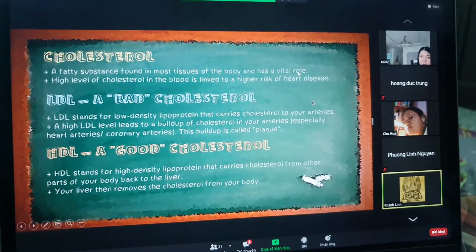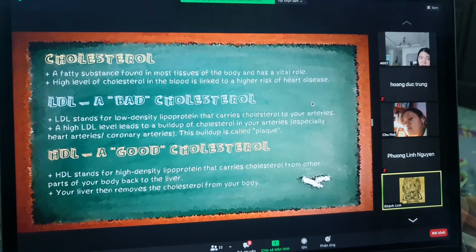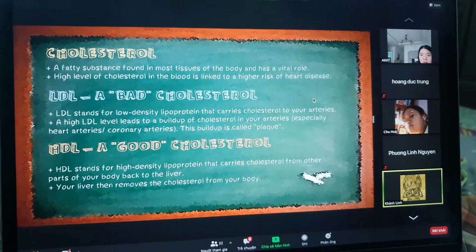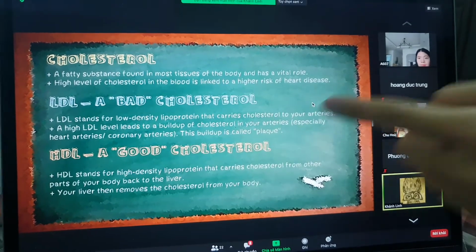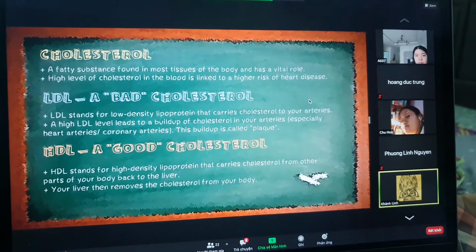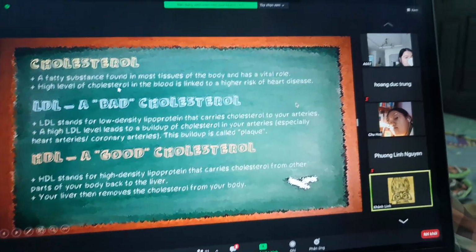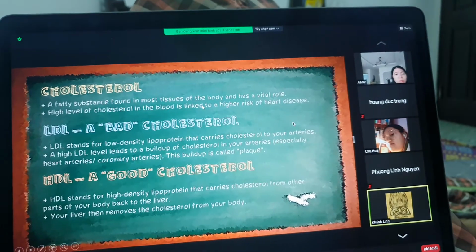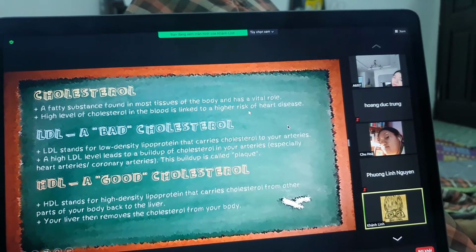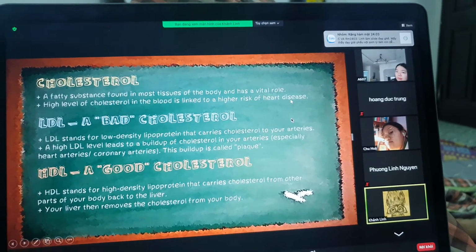Your liver makes cholesterol, and it is also in some foods such as meat and dairy products. Your body needs some cholesterol to work properly. However, a high level of cholesterol in the blood is linked to a higher risk of heart disease.